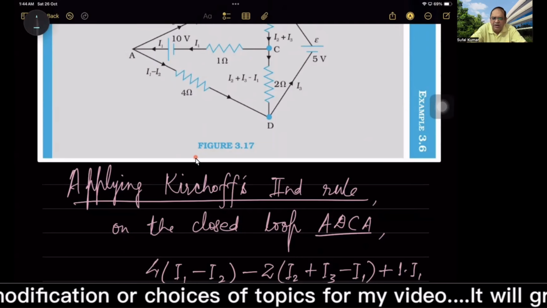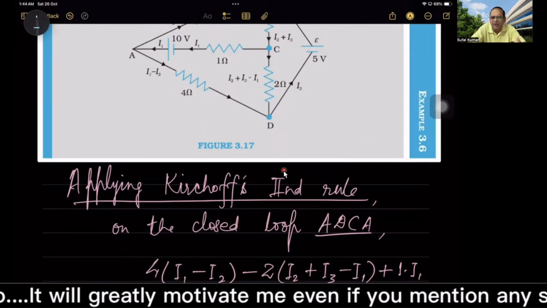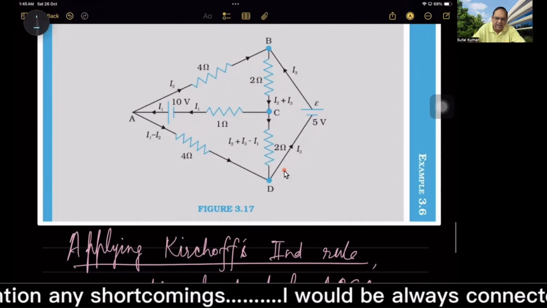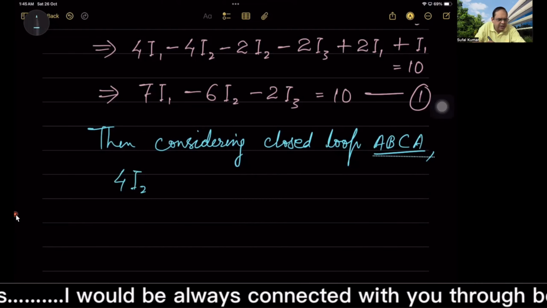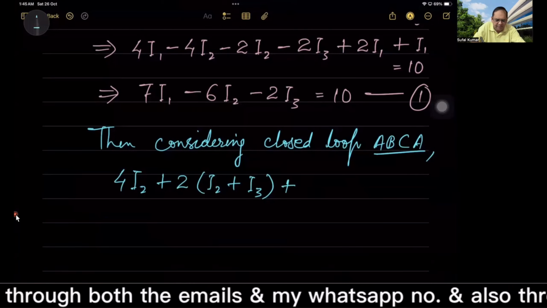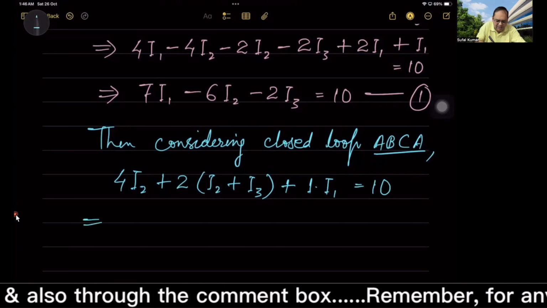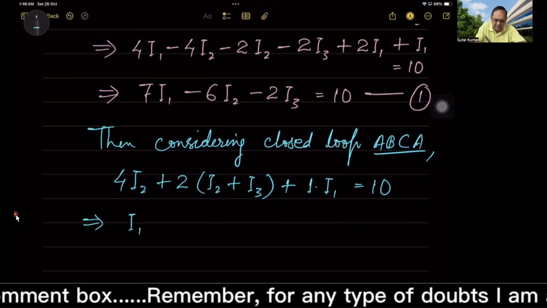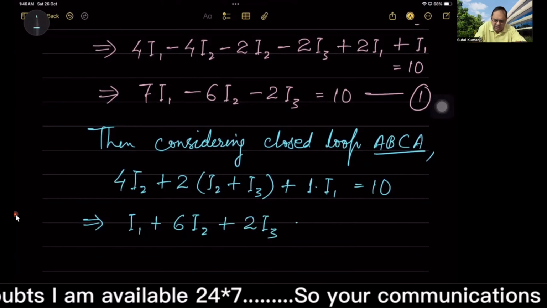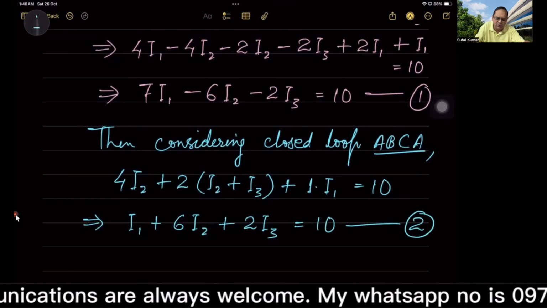Then only can we find all the branch currents, because all these currents are expressed in the form of I1, I2, I3 only. This time A, B, C, A: 4 I2, then plus 2 I2 plus I3 plus 1 I1 is equal to 10. It implies that I1 plus 6 I2 plus 2 I3 is equal to 10. This has become equation number 2.